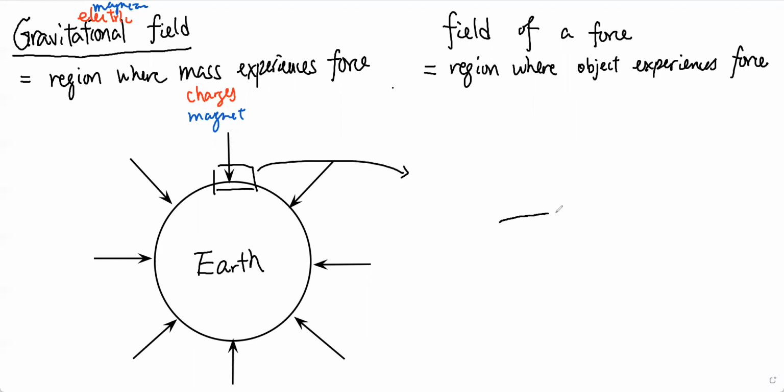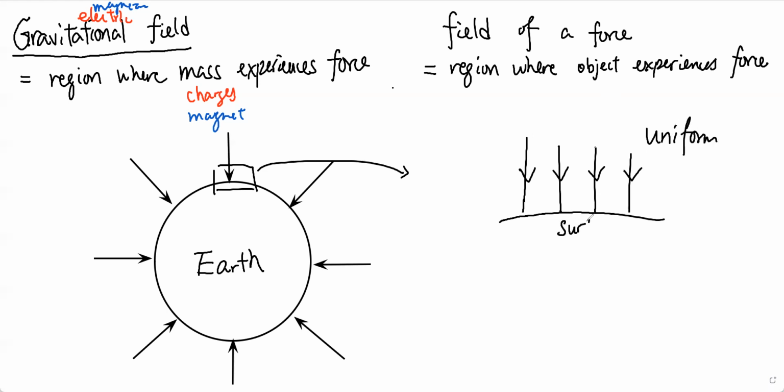Now you take a very close look on the Earth's surface. The gravitational field lines will be just parallel and perpendicular to the surface. So they're uniform if it's on the Earth's surface. And that's the reason why your weight is always constant on the Earth's surface.